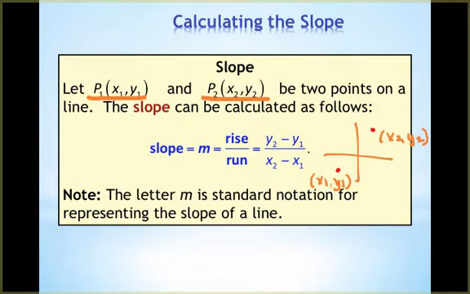So if I calculate the ratio of the rise to the run of those 2 points, then that gives me the slope. So what I'm looking at is how much does it take to rise from one point to the other, and how much does it take to run or go horizontally from one point to the other.